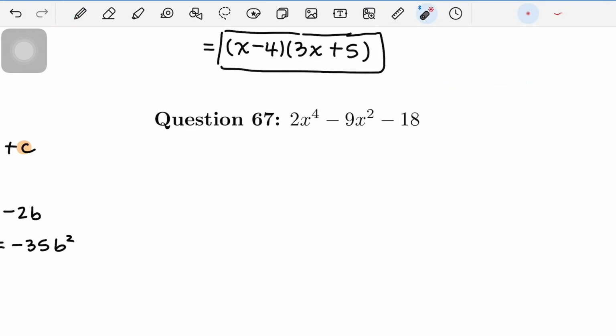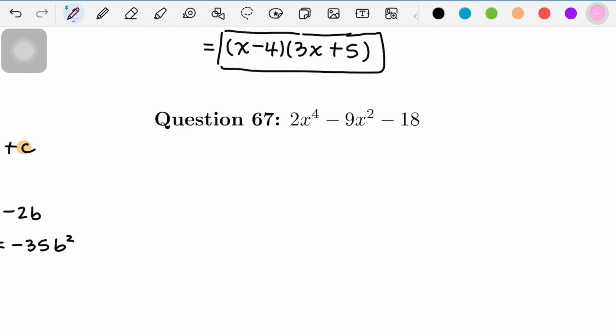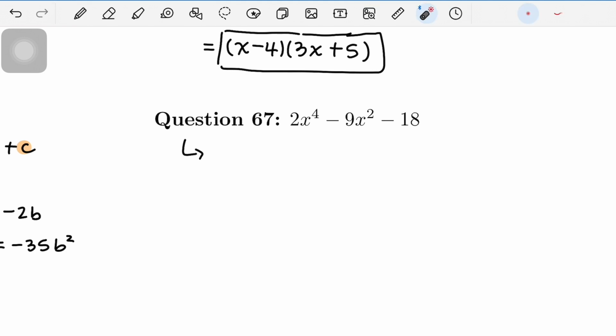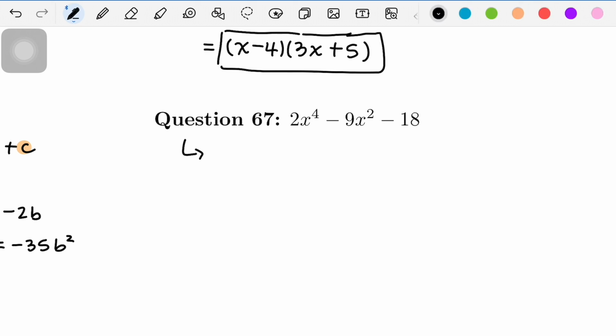So this brings us to our last example for this video, and this is again going to be a factoring using our substitution method. So we're going to rewrite this kind of complicated polynomial expression here. Notice if we have 2x to the 4th, this can be rewritten as 2x squared squared. So that'll be our first term there.